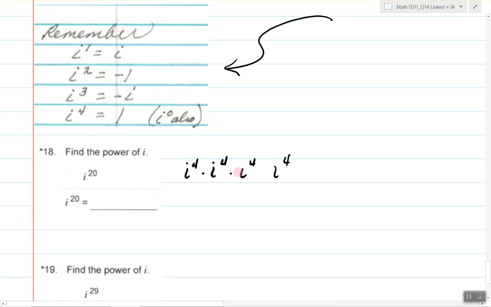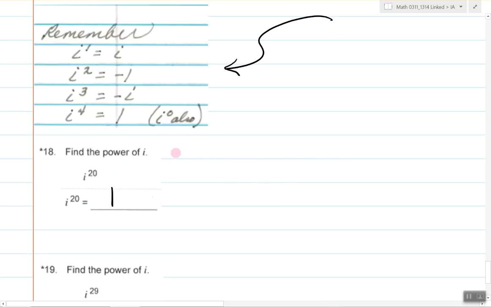My 4 plus 4 plus 4 plus 4 plus 4 all add up to 20. My multiplication signs have disappeared again, I'm sorry, I don't know why. So this is 1 times 1 times 1 times 1 times 1. This is equal to 1.